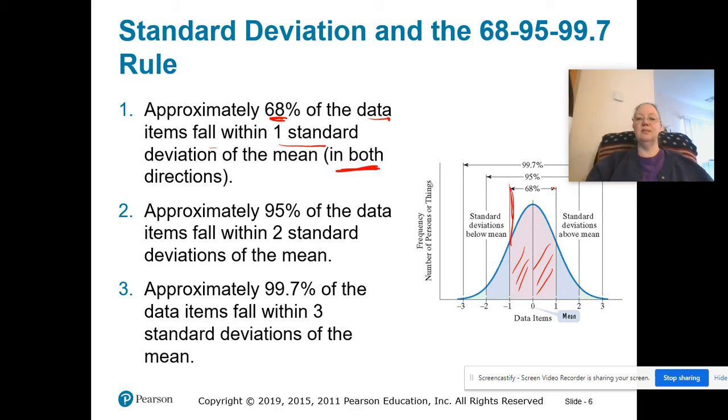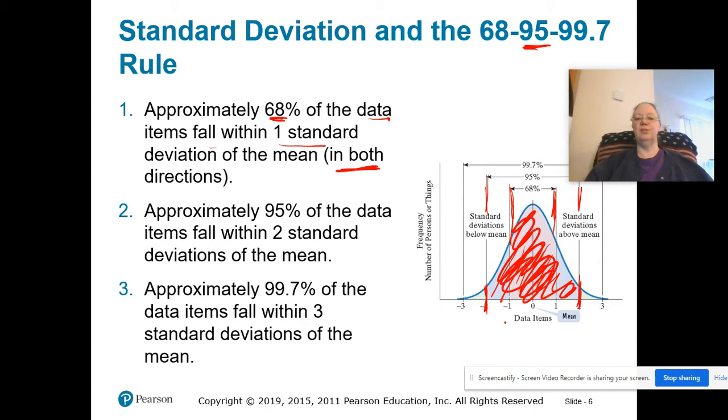If we go 2 standard deviations below and 2 standard deviations above, this now covers 95% of all data items.